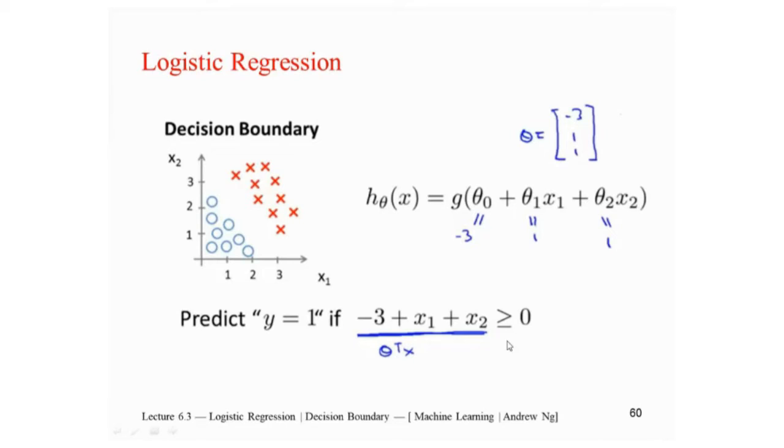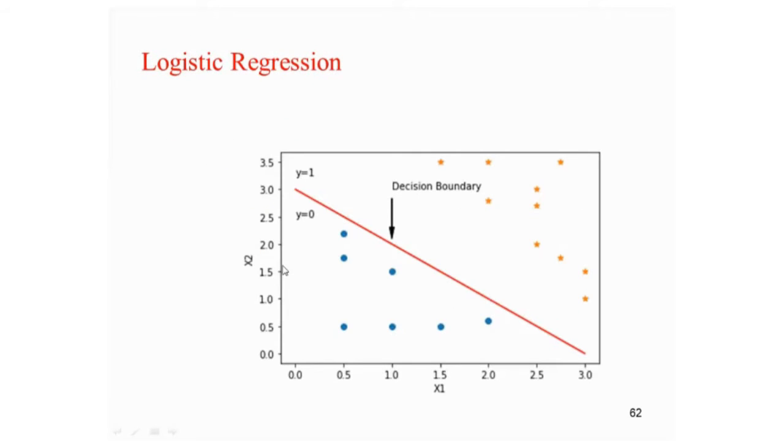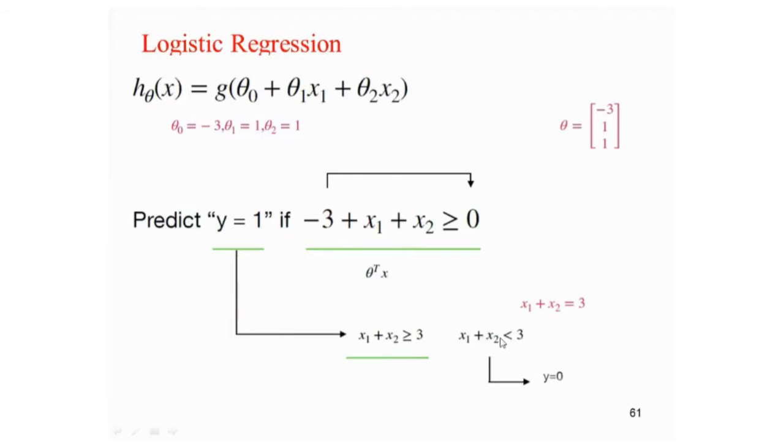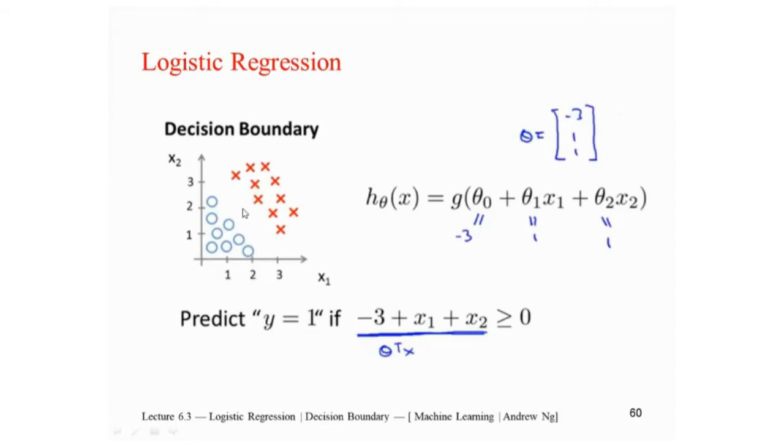If you equate this equation with 0, you will get x1 plus x2 equal to 3. So at the equal points you will get one equation, x1 plus x2 equal to 3. Here you can easily see that this kind of decision boundary will come. Okay, so this will be the decision boundary here.